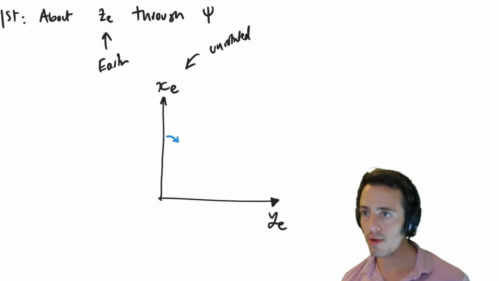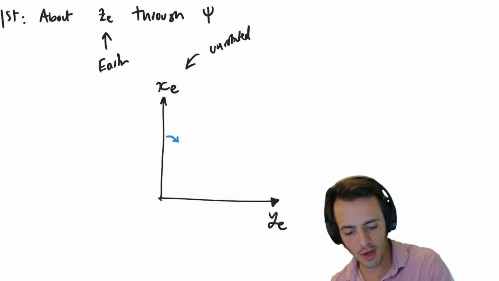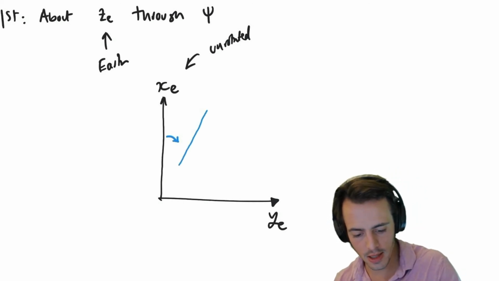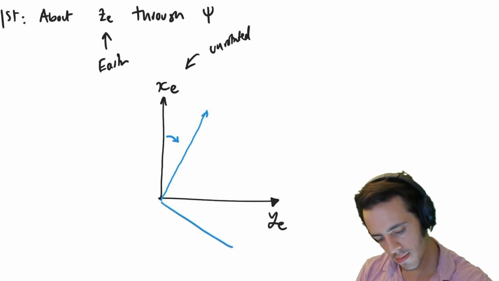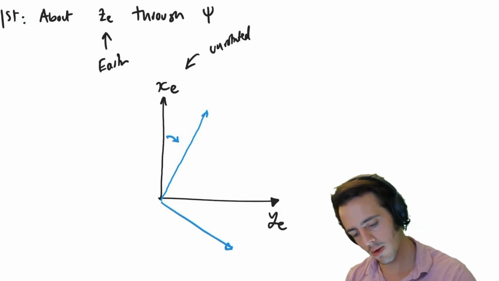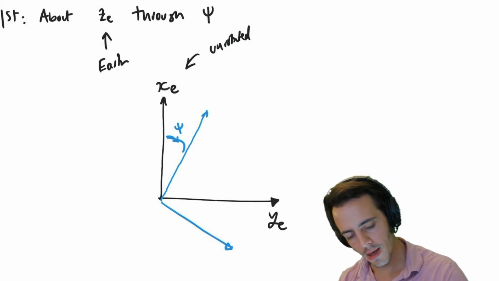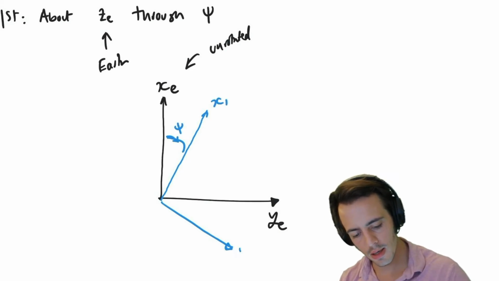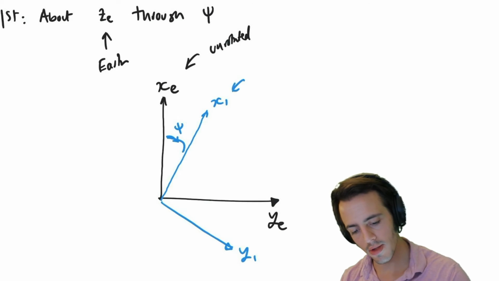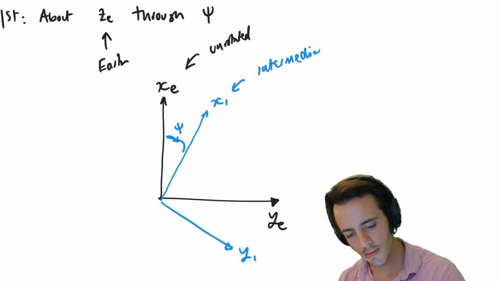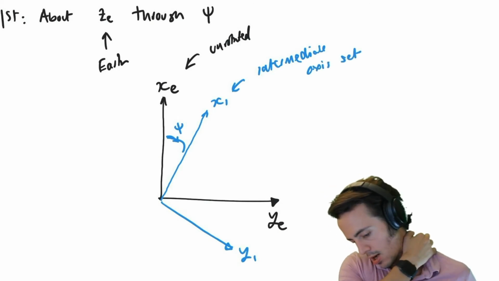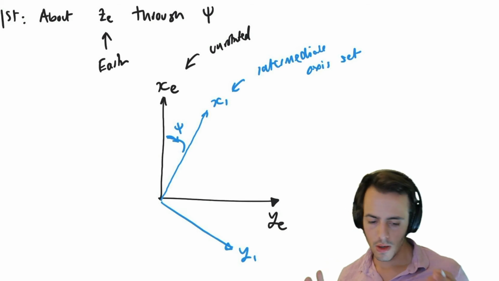We then draw our rotated axis sets on here, and the angle that we've gone through is psi. So this takes us to x1, y1, which is an intermediate axis set. Okay, so first step's done.